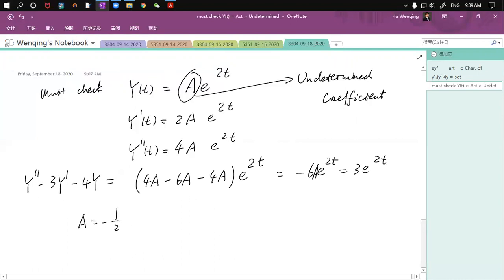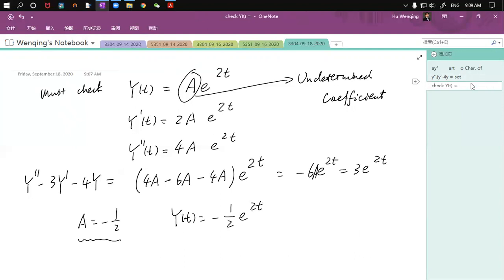So you find your a. The undetermined coefficient is now determined, and therefore you put a back into the expression, so that capital Y is minus 1/2 e to the power of 2t. So that's one particular solution. As we said last time, it is sufficient to just find one particular solution.